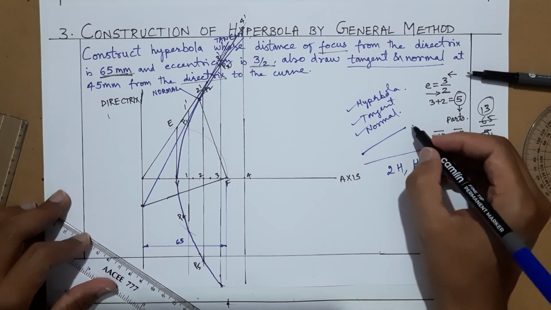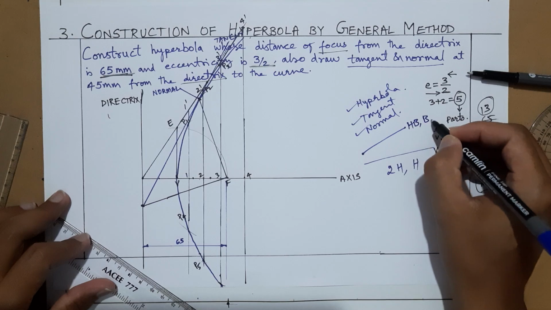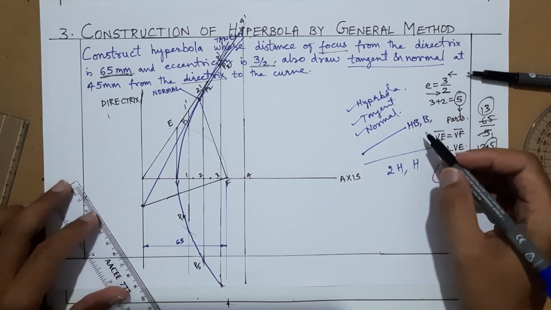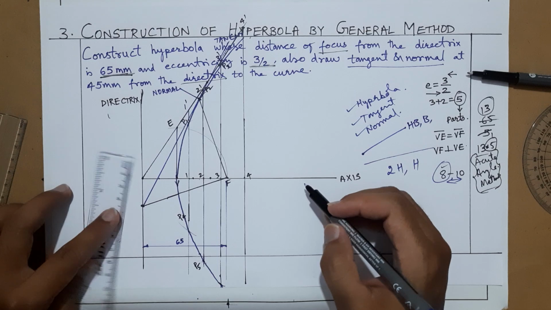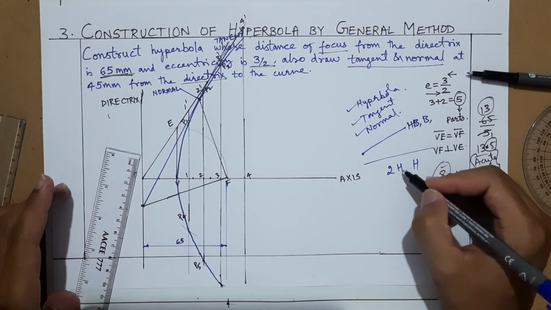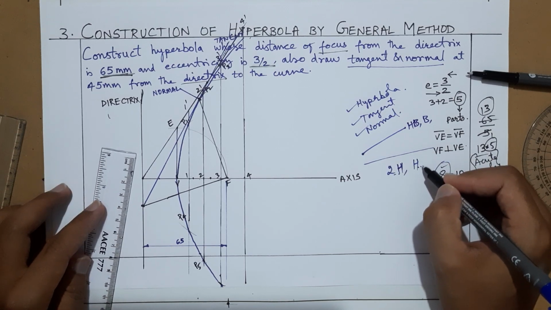And for thicker lines you may go with HB, B or 2B, anything. It depends upon how much pressure you are applying on the drawing sheet. Some people will apply more pressure, some people will apply less pressure, so for them different options are available.